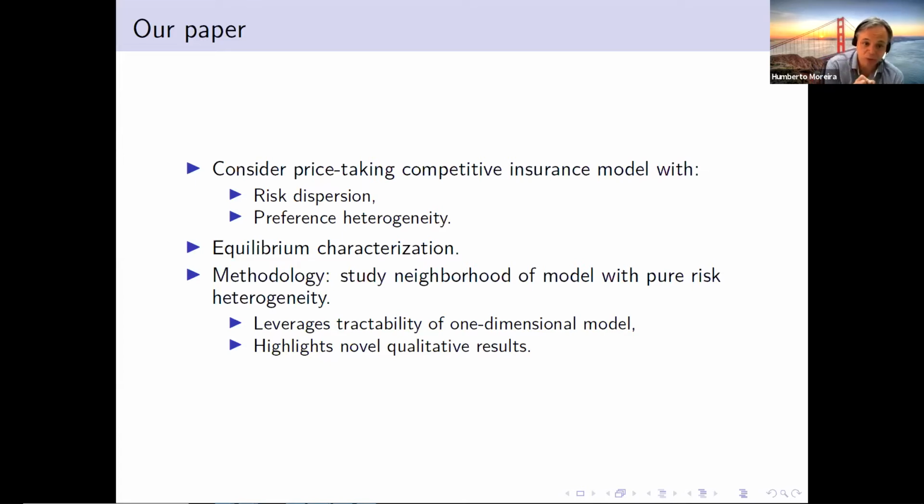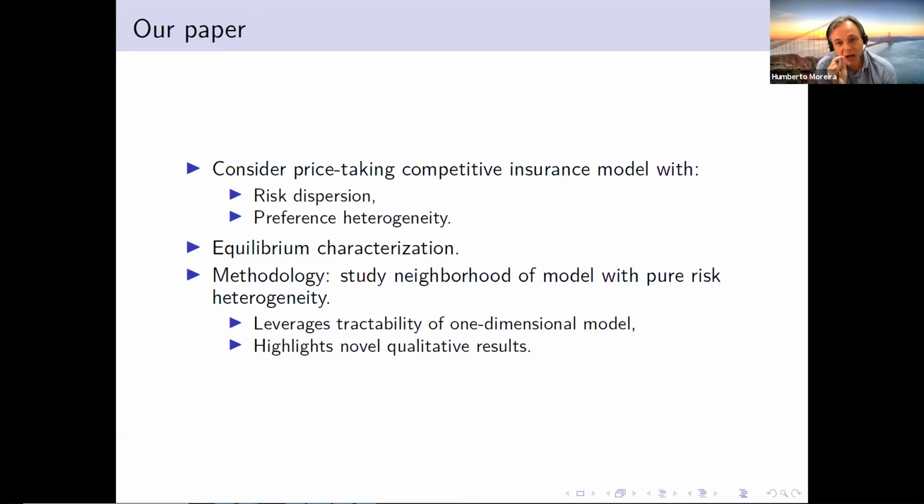We study a neighborhood of a model with pure risk heterogeneity. Because of equilibrium multiplicity, there is going to be an issue in this kind of model as well. You're going to treat that multiplicity by doing an approximation to the one-dimensional model, which has a unique equilibrium.